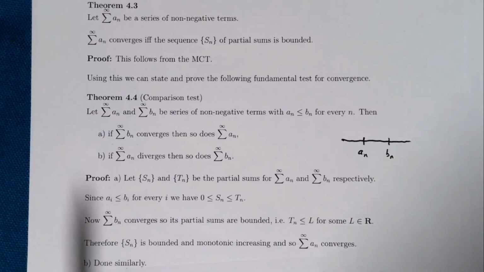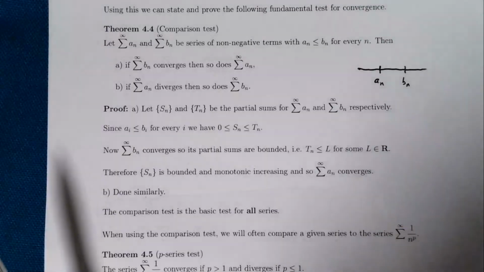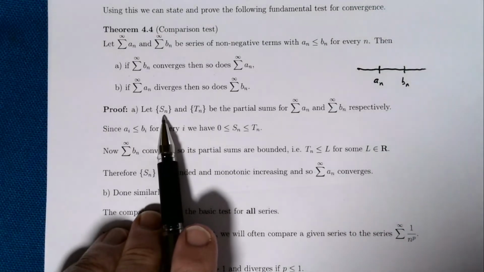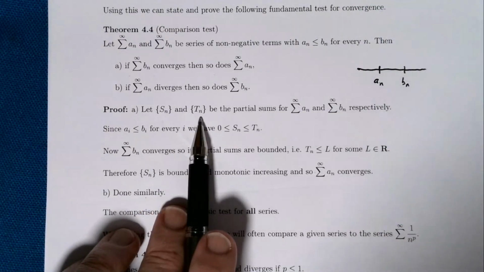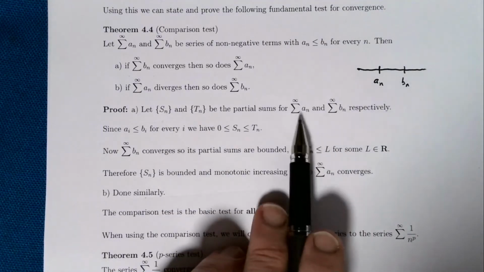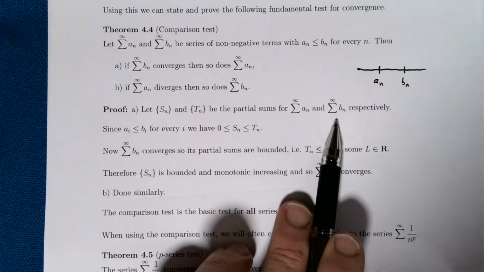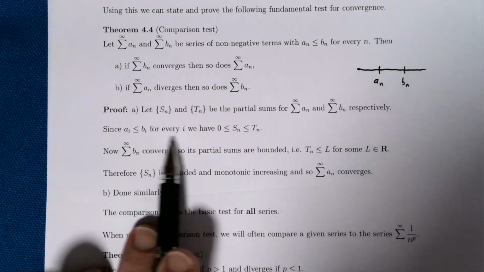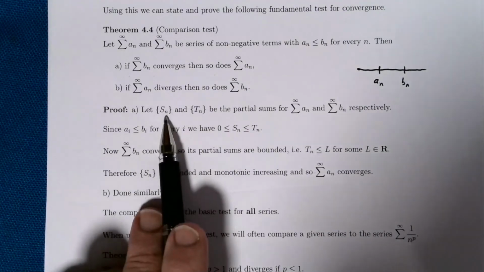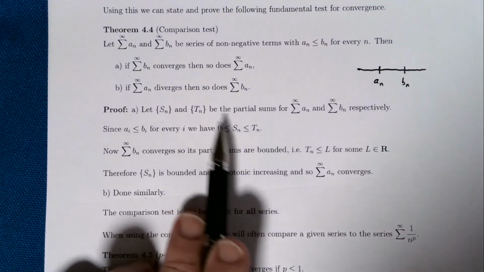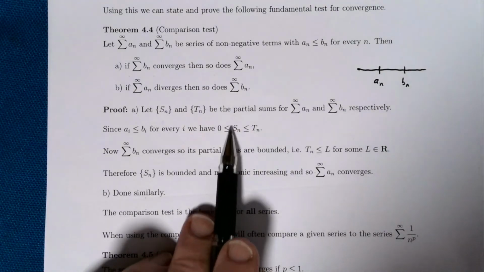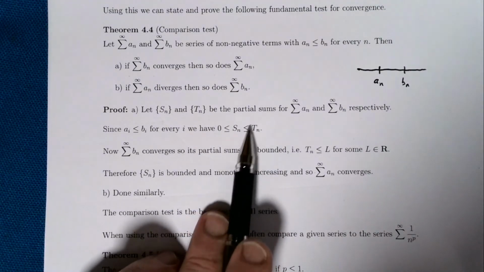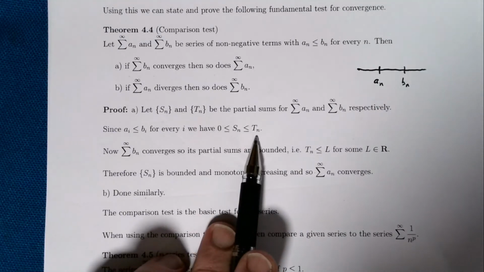There's just a little quick proof of this here. We let capital S_n and capital T_n be the partial sums for each of these two infinite series. Now the a_i are less than the b_i for every i, and that means this sum is less than this sum. So the partial sums of the a_n are less than the partial sums of the b_n.